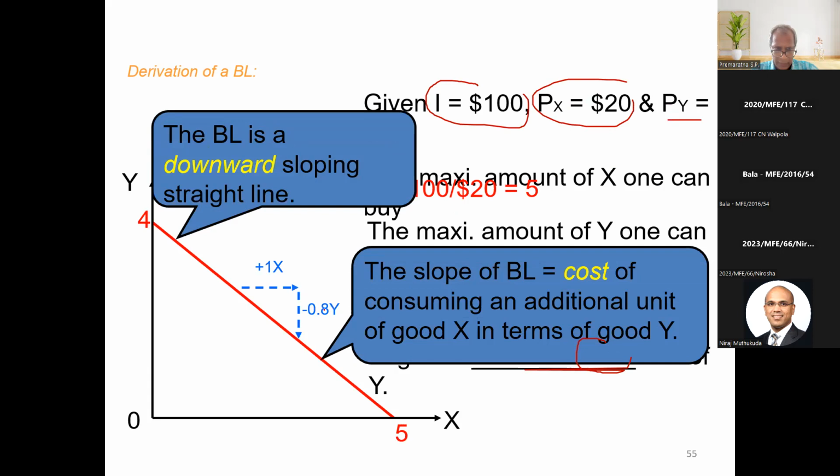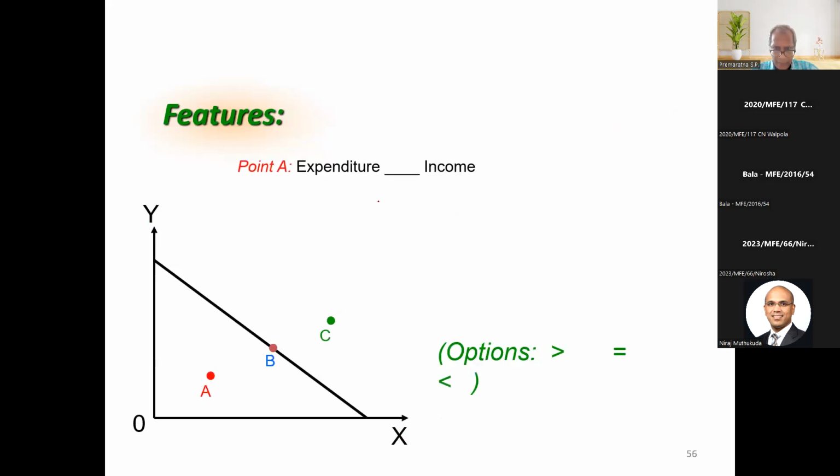So how do we get the slope. And we will see different ways, for example, policy, government imposed tax or price increase or subsidies, how we use this tool to analyze, to understand people's welfare and people's behavior in terms of consumption.